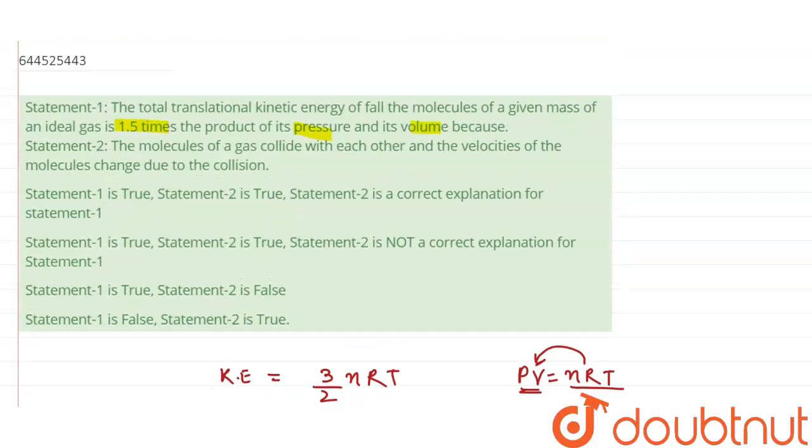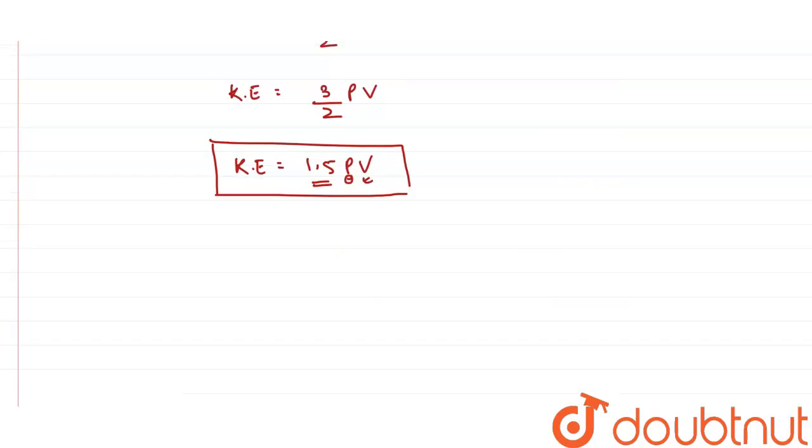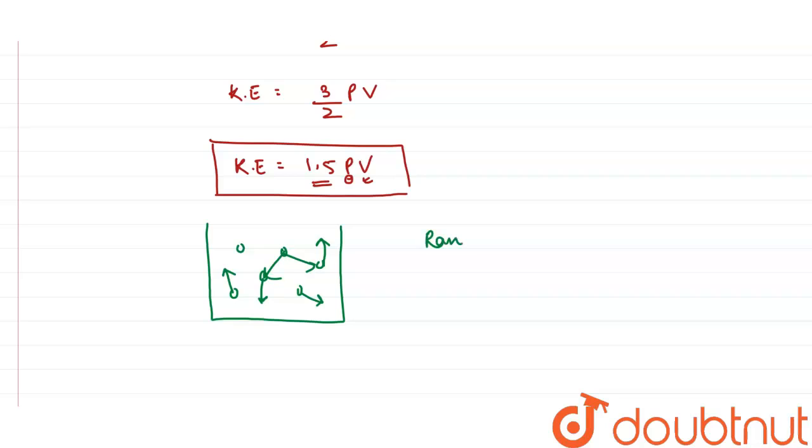Now check the second statement. I know that if I have a container of gas, then the molecules of gas are doing random motion. They are moving in any direction. When they are doing random motion, that means they collide with each other at some time. Because of random motion they collide with each other, and this collision is an elastic collision.